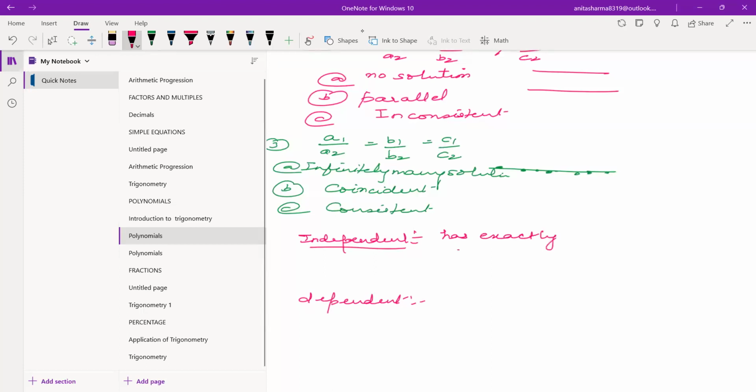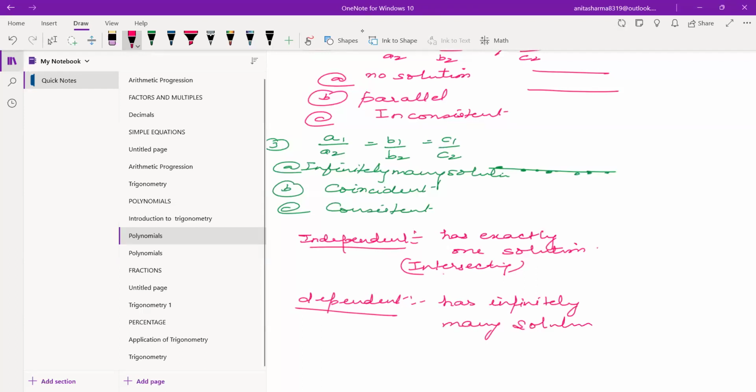In which case exactly one solution? Intersecting. So these lines are said to be independent equations also. And dependent has infinitely many solutions. And this is for parallel, right?